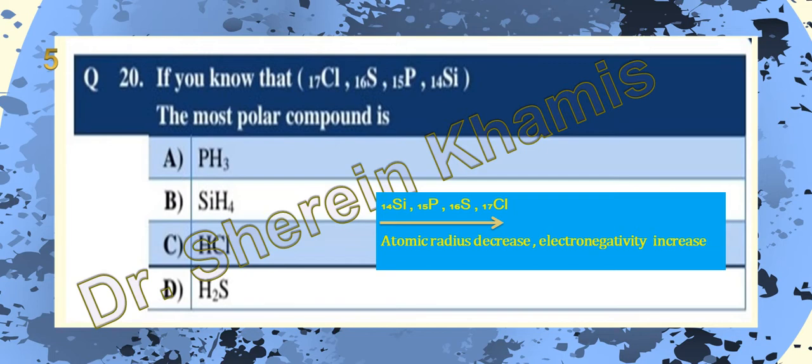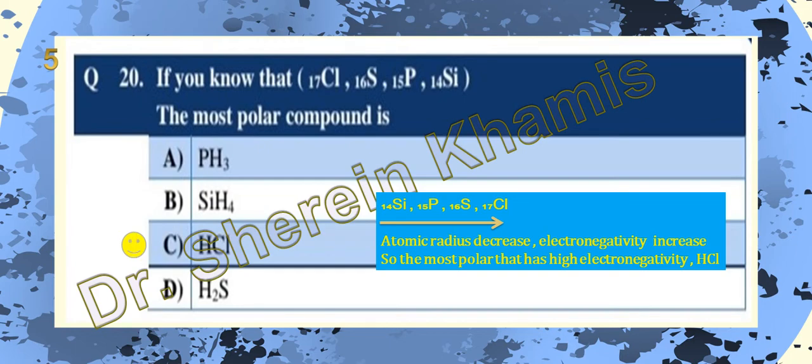Chlorine has the highest electronegativity, so the difference between it and H is the greatest, making it the most polar compound. So the right answer will be letter C.